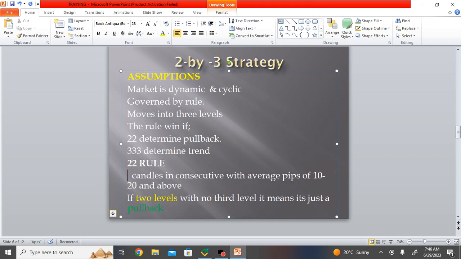Here is 2 candles in consecutive with average pips of 10 to 20 and above. It's a pullback. Okay, so we highlight this to keep the concept intact. So it is a pullback. Those are our main concepts.